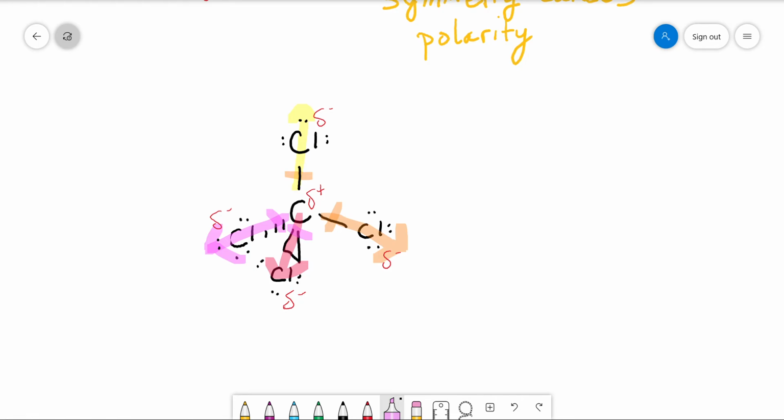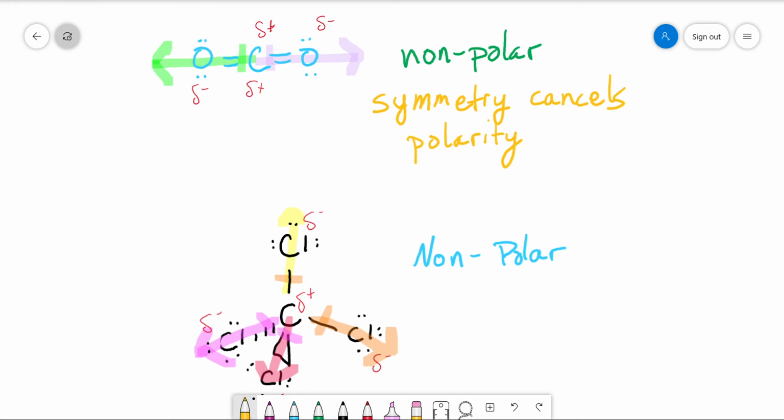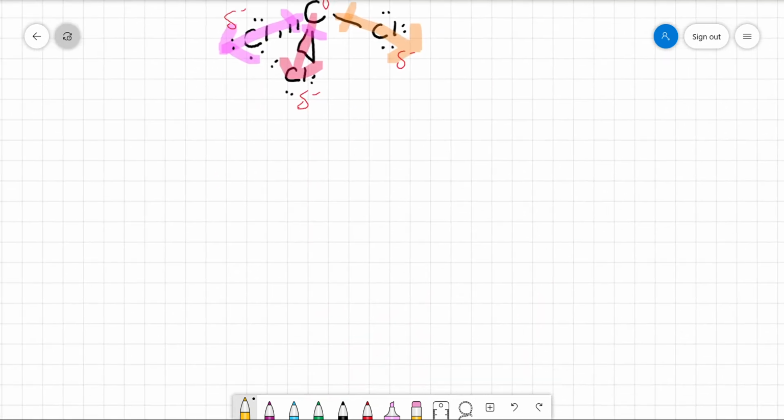But just imagine on that PhET simulator, we can rotate this any direction we want, and it's going to be exactly the same. There will be no difference one way or the other. So this ends up being a non-polar molecule as well. And why? It's because symmetry cancels out polarity. As long as it's symmetrical, it's going to be non-polar.